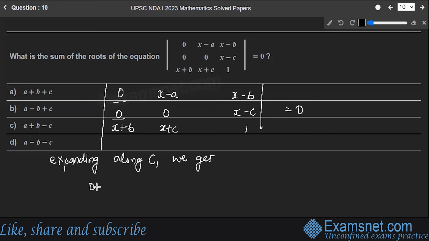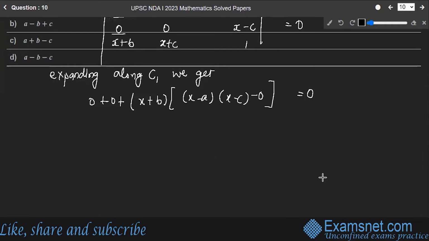So I'll just write 0 plus 0 plus x plus b, multiplied by x minus a, x minus c minus 0, which is equal to 0. So basically, multiplying x plus b, x minus a, x minus c is equal to 0.